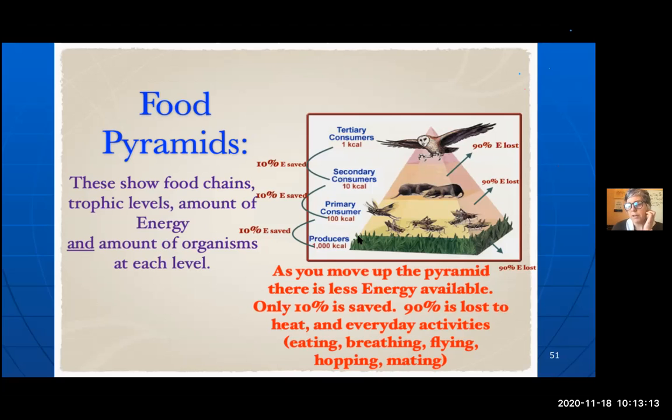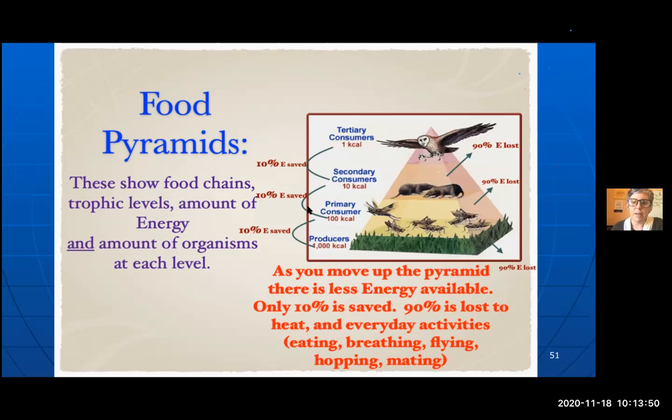So this is where I want to explain to you about how energy gets lost as you move up in trophic levels. So as you move up the pyramid, there's less and less energy available. That's why it's shaped like a pyramid, to show you that the energy goes down as you move up. And the reason for that is that at each step of the pyramid's trophic levels, only 10% of the energy that's available in that level gets transferred onto the animals that eat it.